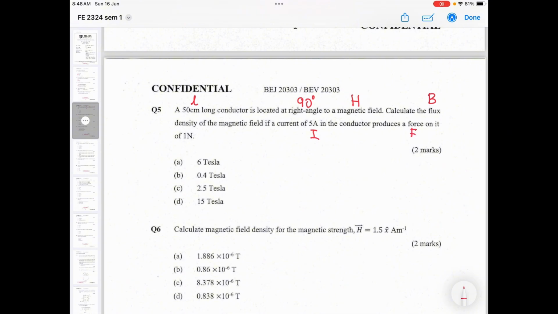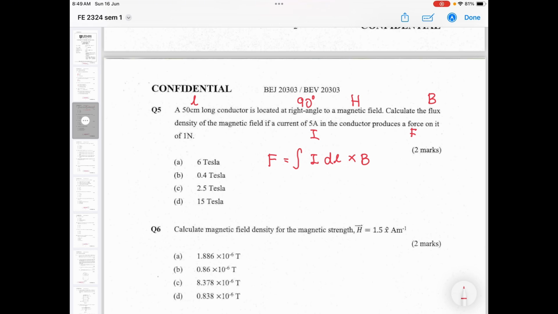Let's look at all these variables. You are required to find B. In this question they give you the information of L, I, and also F. The equation you could think about is the force acting on a current filament placed in a magnetic field, which is the line integral of the current cross with B. This is the force.